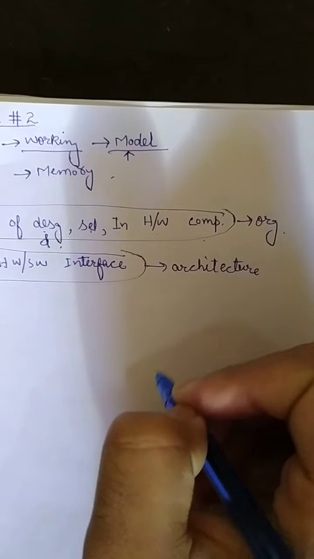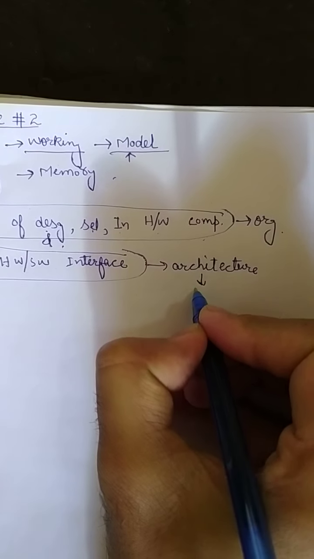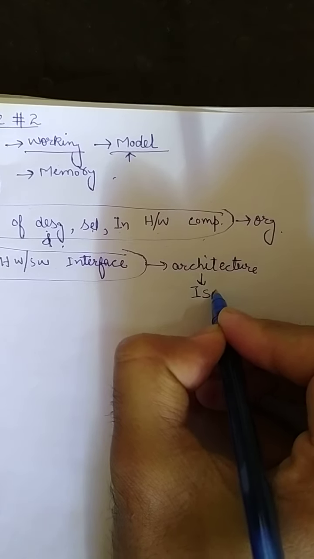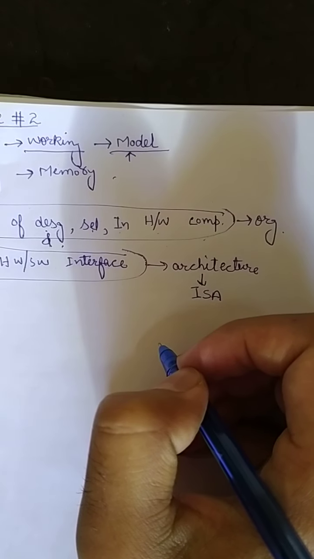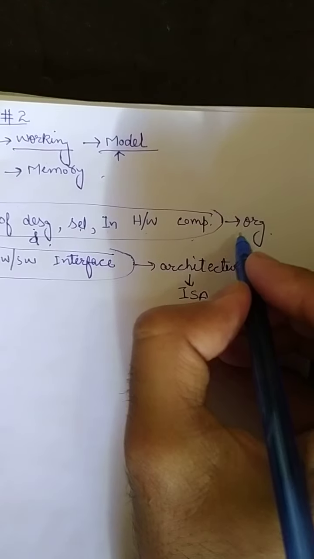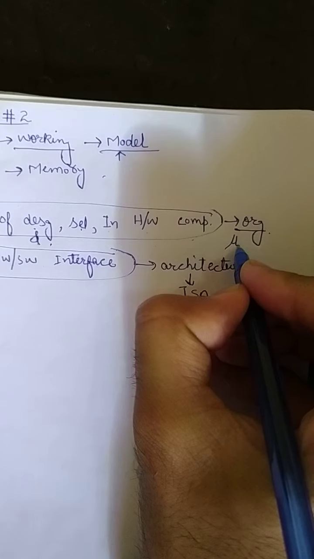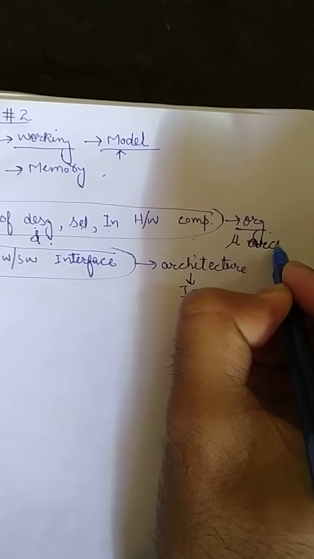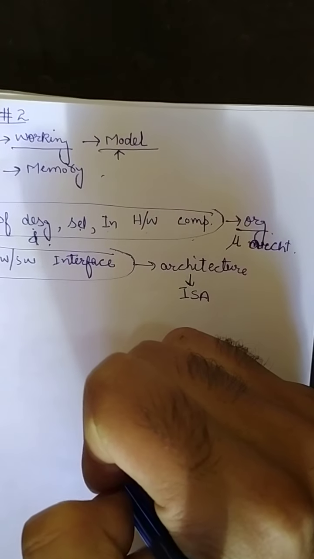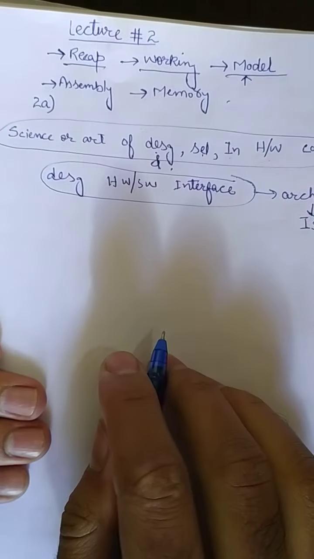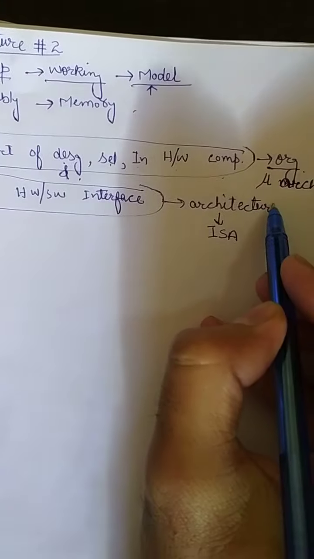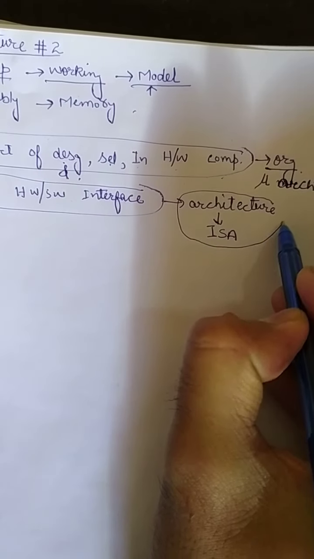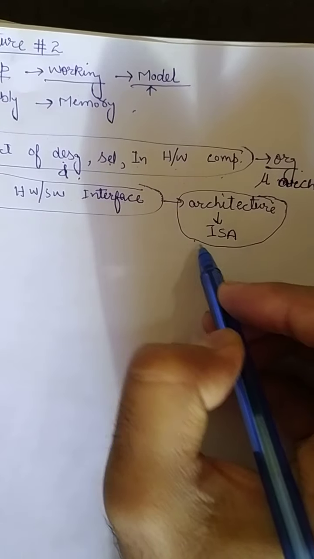Or in other words, we say architecture is the instruction set architecture of a computer system, and organization we also call micro architecture. First of all, we have to design this interface, the ISA.